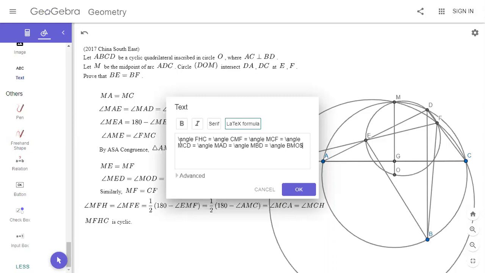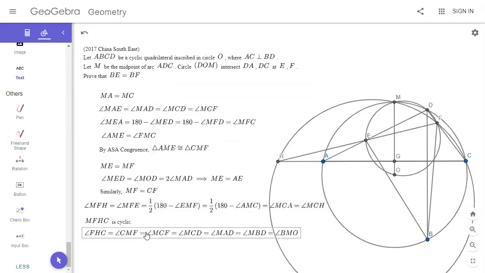I think this does it. So basically, if angle FHC is equal to angle BMO, then BM has to be perpendicular to FH.